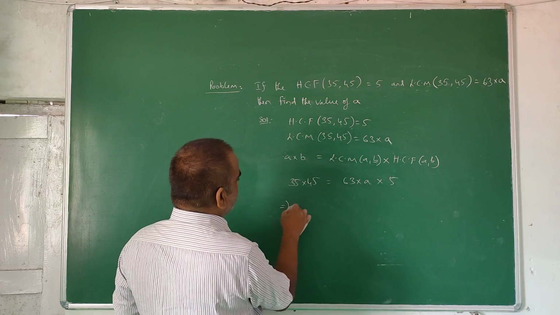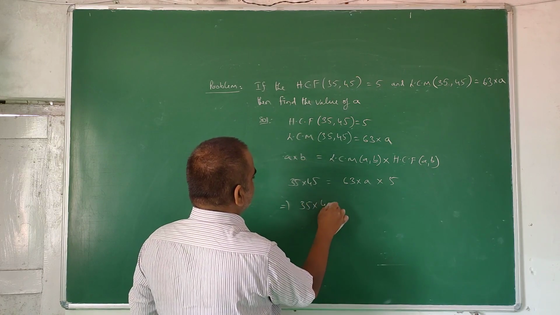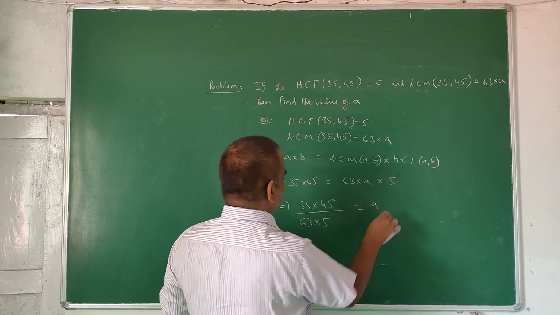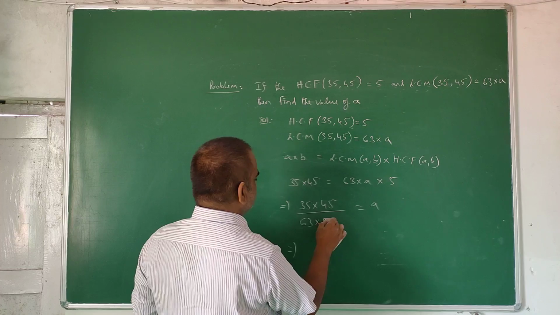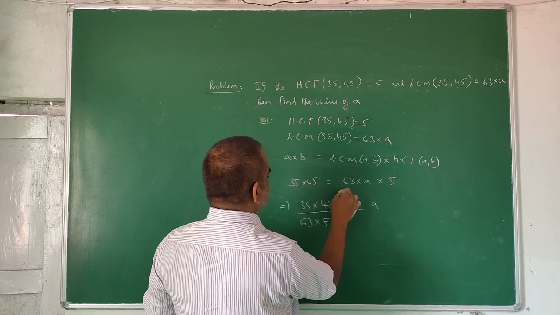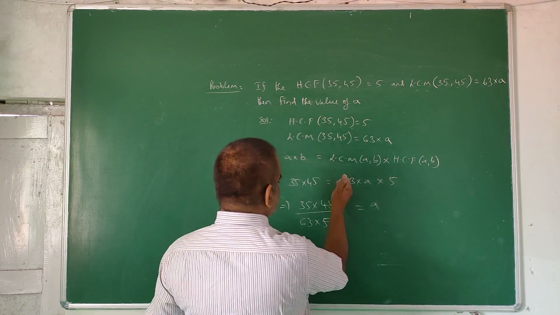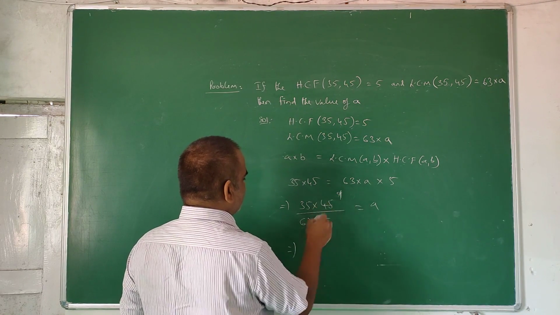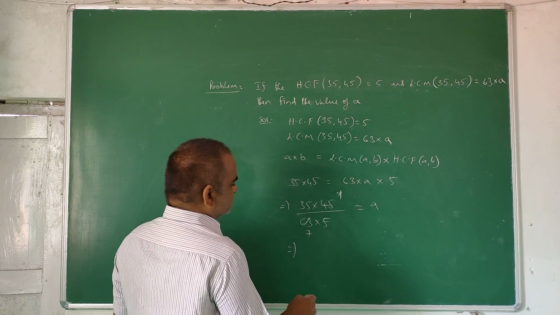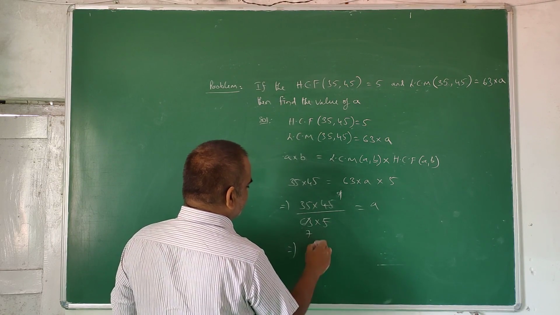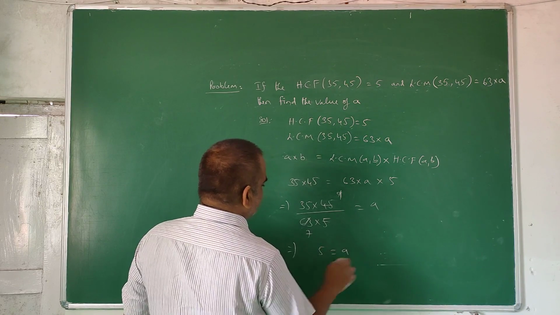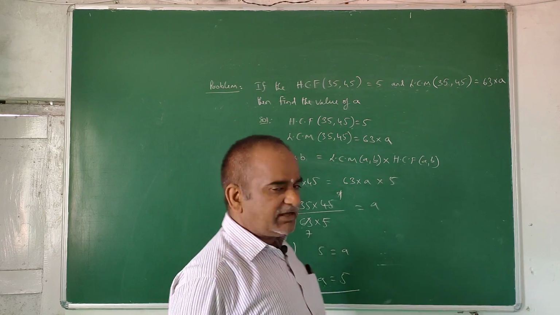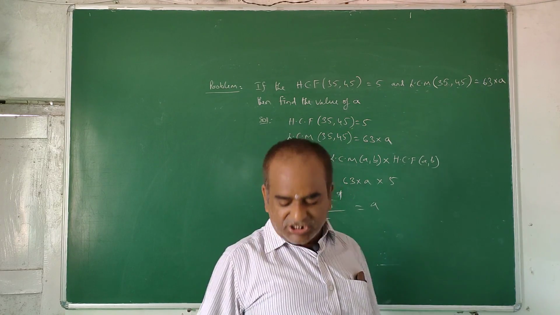So this implies 35 into 45 by 63 into 5 is equal to A. Now you can cancel: 5 nines are 45, 9 ones are 9, 9 sevens are 63, 7 fives are 35. So 5 is equal to A, this implies A is equal to 5. So in this present problem, the A value is equal to 5. Understood?